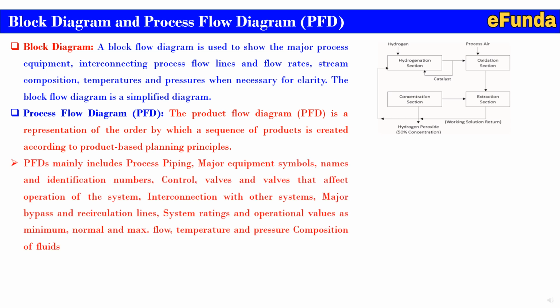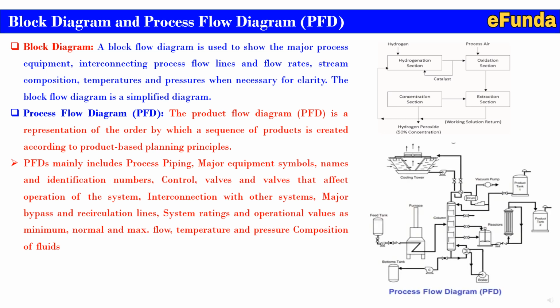PFDs mainly include process piping, major equipment symbol, name and identification number, control valves, valves that affect the operation of the system, interconnection with other systems, major bypass and recirculation lines, system ratings and operational values as a minimum, normal and max flow, temperature, pressure, and compositions of the fluid.